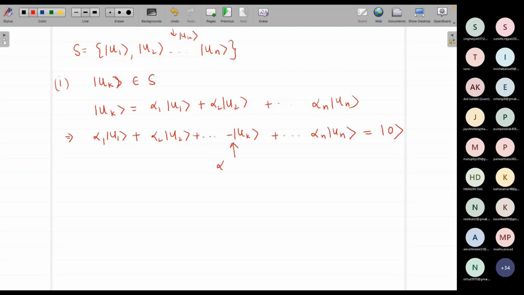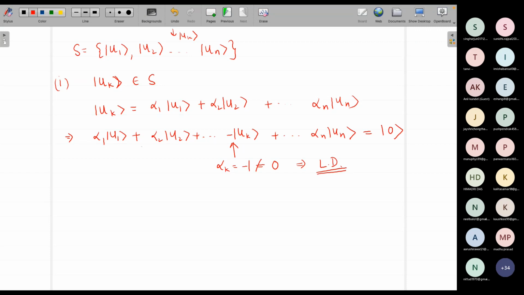this will have the coefficient alpha k. What is the coefficient alpha k of this uk? Minus 1, which is of course not equal to 0, and hence this set will be a linearly dependent set.